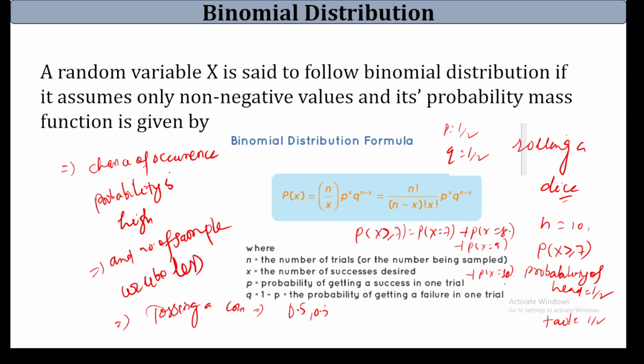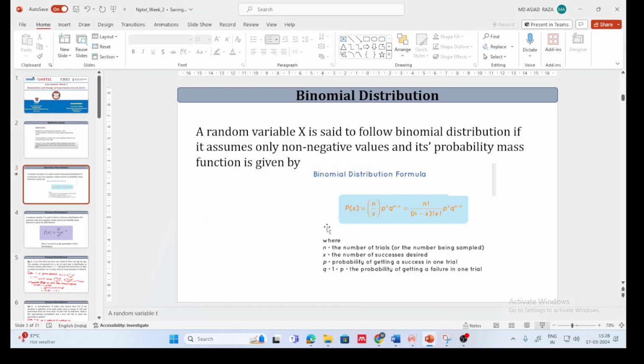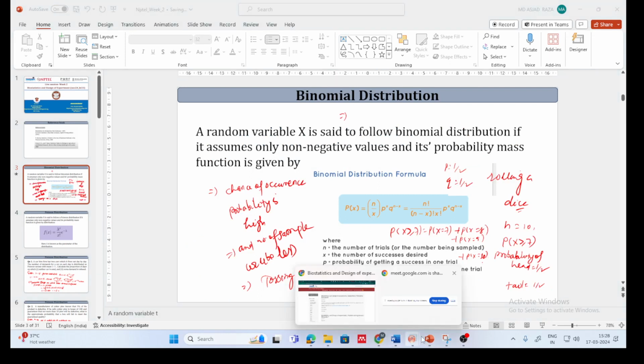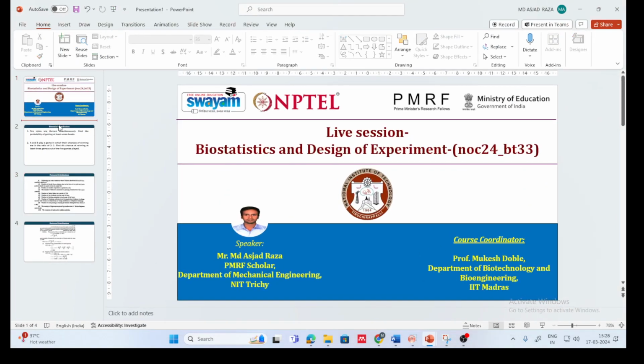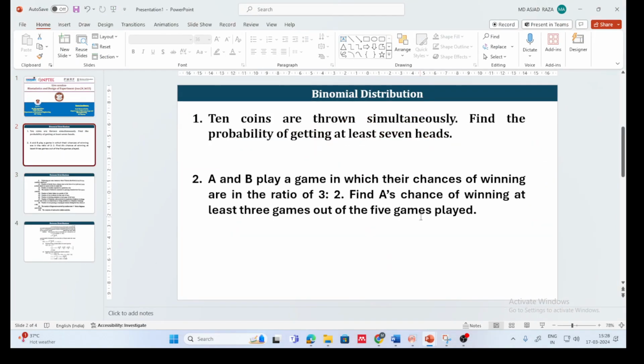And sometimes the question will be based upon, let's say, cumulative probability. I have made one PPT. Let's take this problem itself.